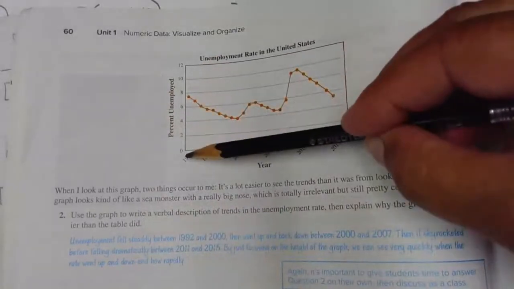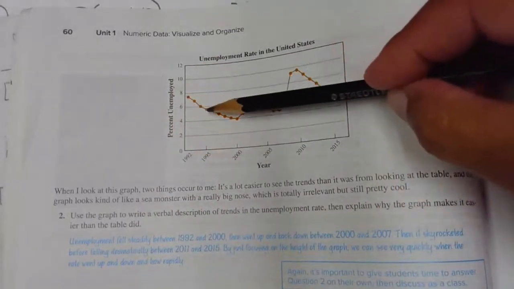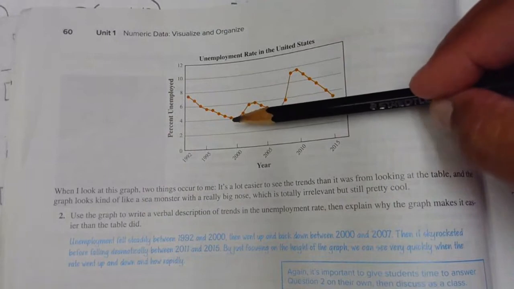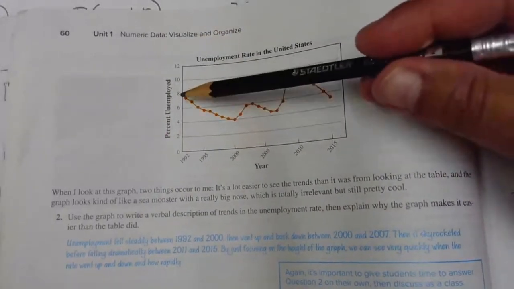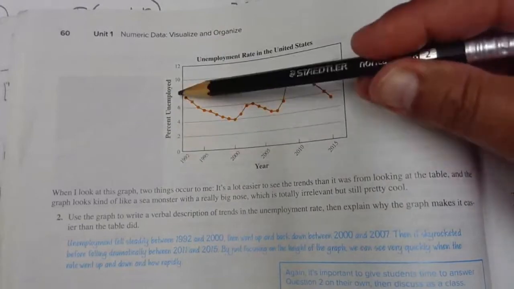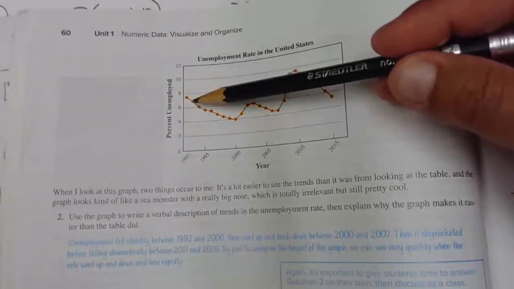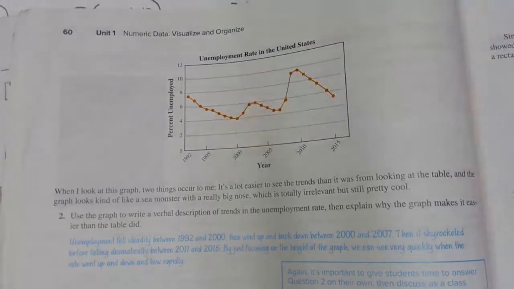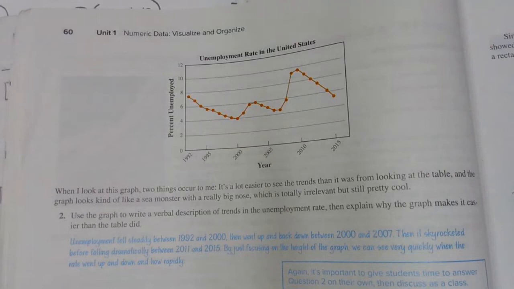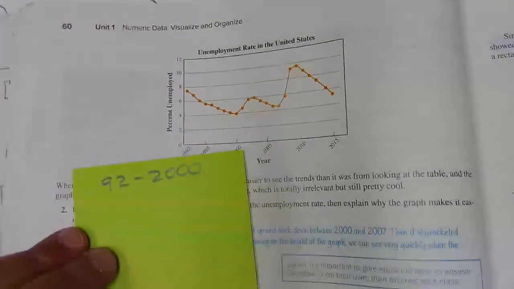So it appears that right at the year 1992, it began falling, and it stopped falling right at the year 2000. So you got to look at the numbers underneath the falling portion. This whole thing is a decreasing portion. So from 92 to 2000, I'm just going to record these as I go along.